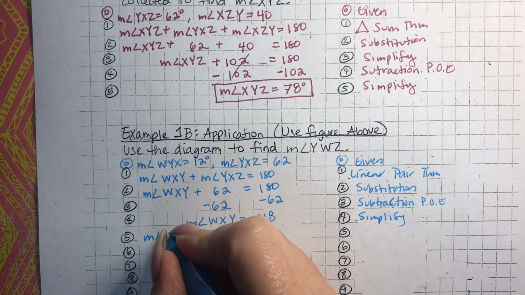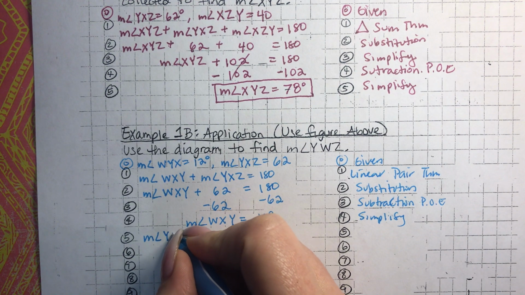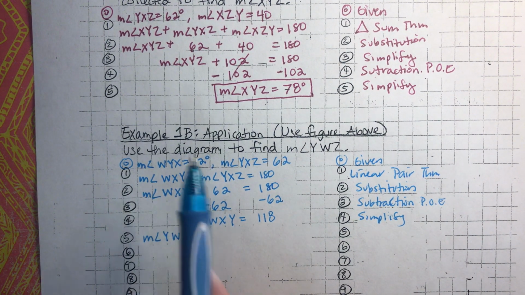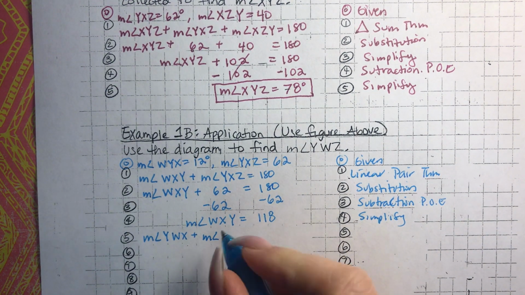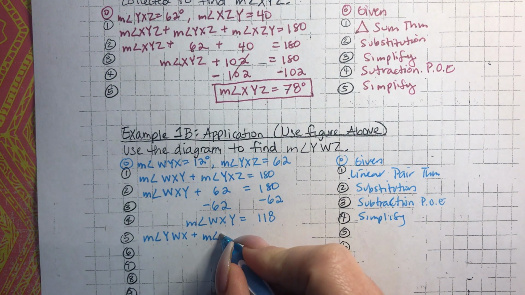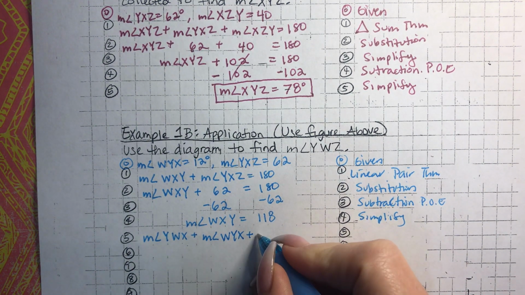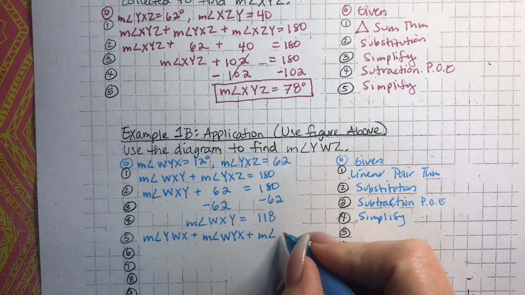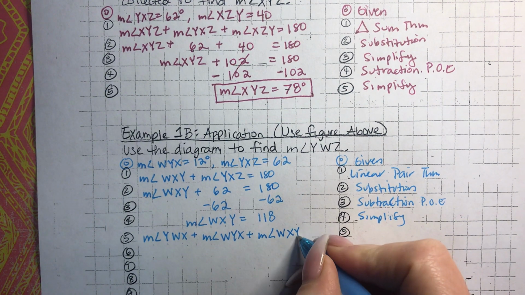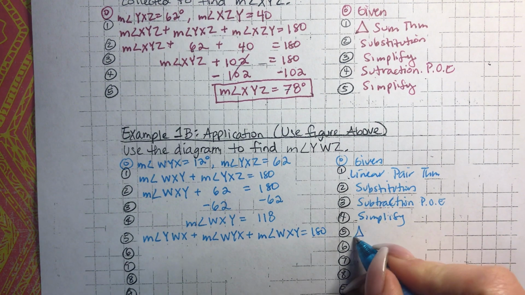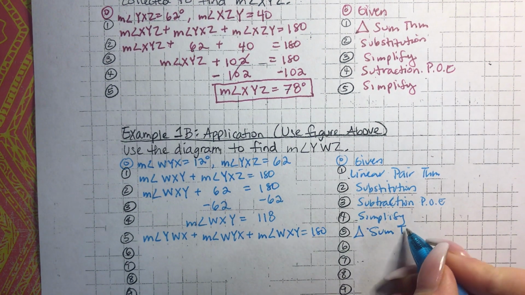Measure of angle YWX plus this 12-degree one, measure of WYX, plus this 118 one, which is measure of angle WXY, equals 180 because of the wonderful, magnificent triangle sum theorem.